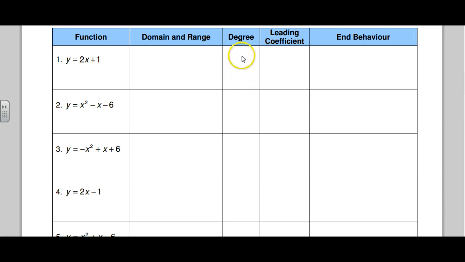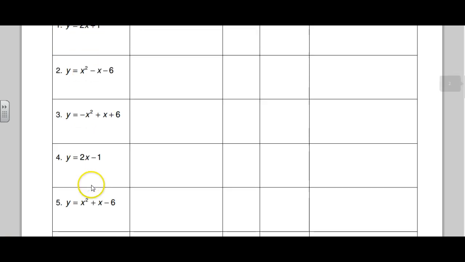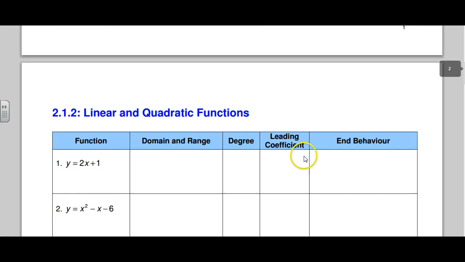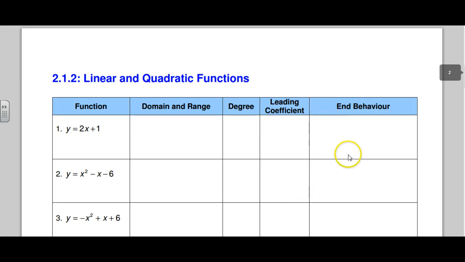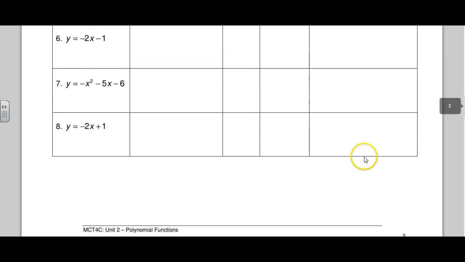When I have a second power or second degree exponent, what does the graph look like overall? And the leading coefficient is just the number on, again, the term that has the biggest power. So here it's a 2, here it's a 1, go through and so on, and see if we can get an idea of what's going on in the various graphs.